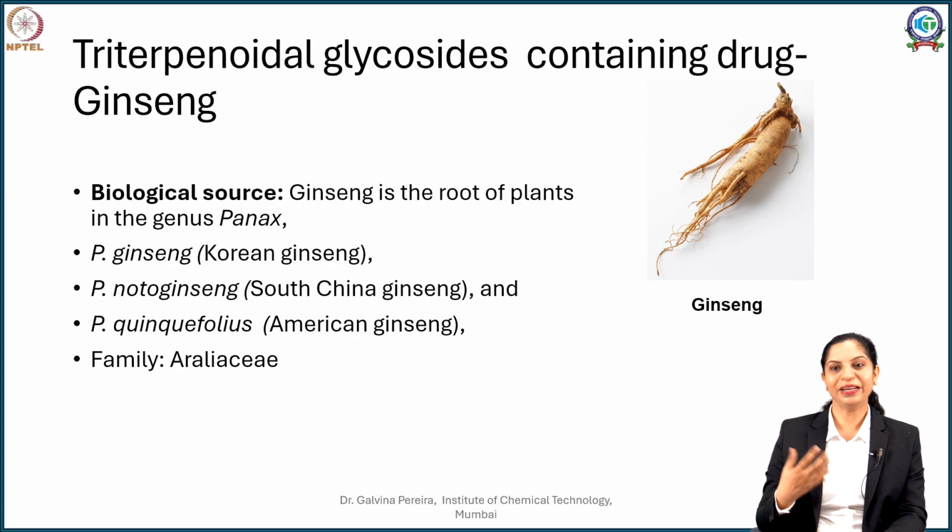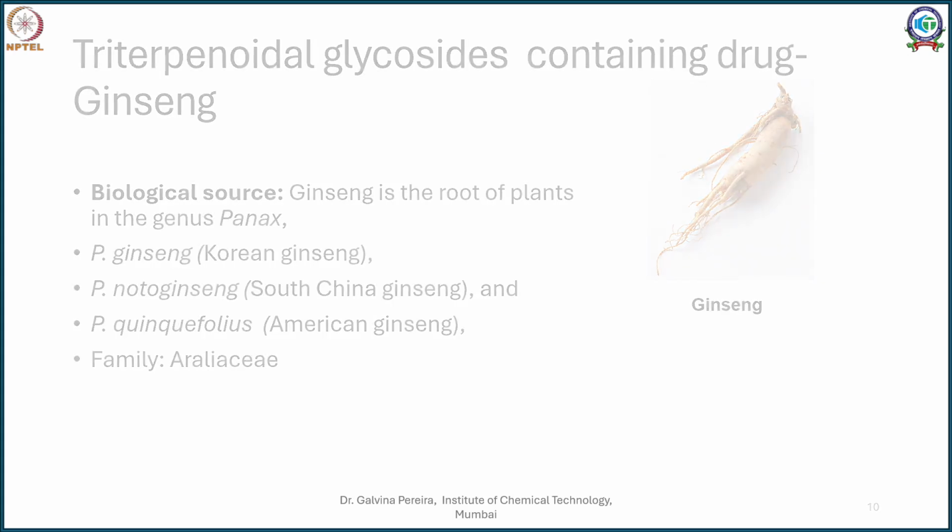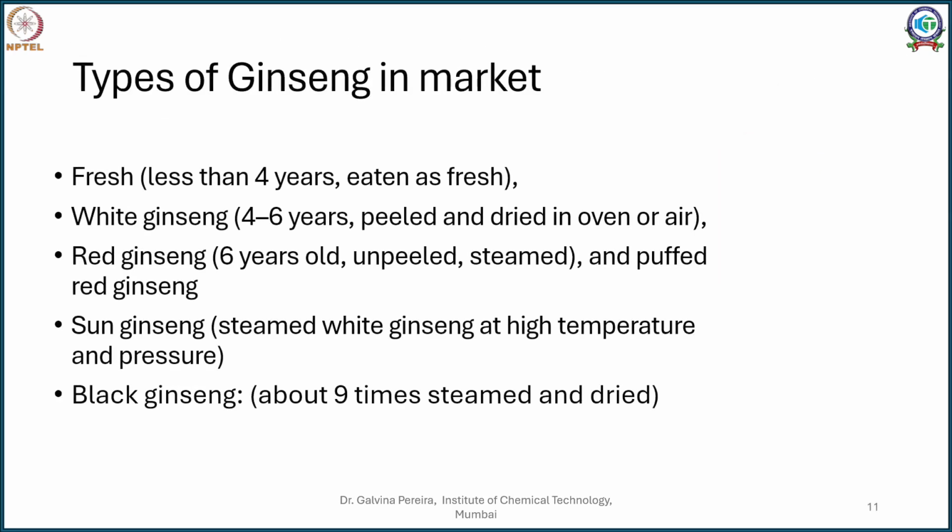They belong to family Araliaceae, and the roots resemble a human-like figure, and that's why they said it's very good for the body. If you're feeling tired, it helps you adapt to stress, so it's a stress relieving agent as well. So what are the types of ginseng?